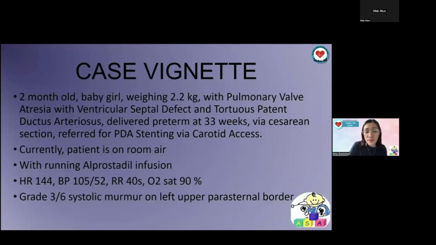So there's a need to do PDA stenting to establish a better pulmonary circulation for the patient. It will be done via carotid access by a cardiac surgeon. Our plan for this patient is to do this under general anesthesia, so the patient needs to be intubated. How do we go about intubating this patient, what do we give, and how do we go about giving the anesthetics?